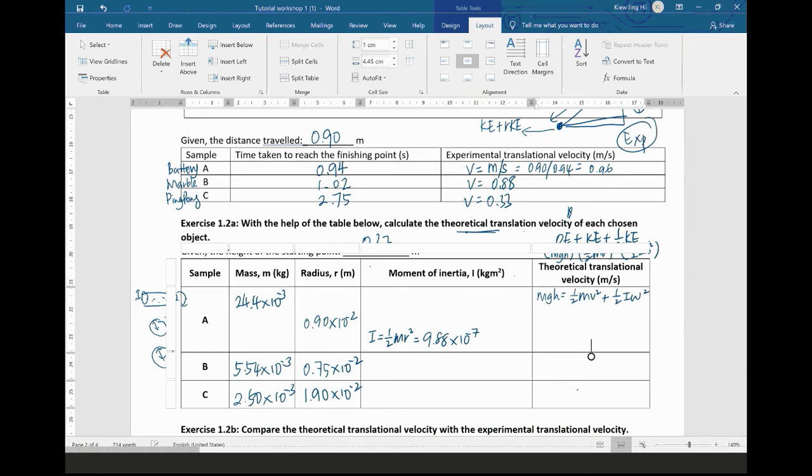Moment of inertia for this one is given by half mr squared. Omega is given by velocity divided by r, right?